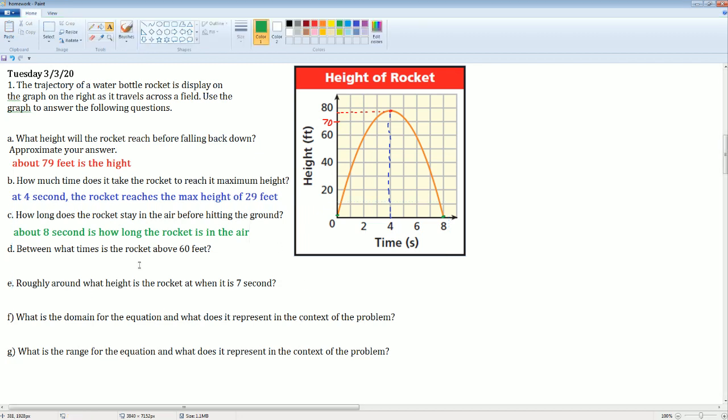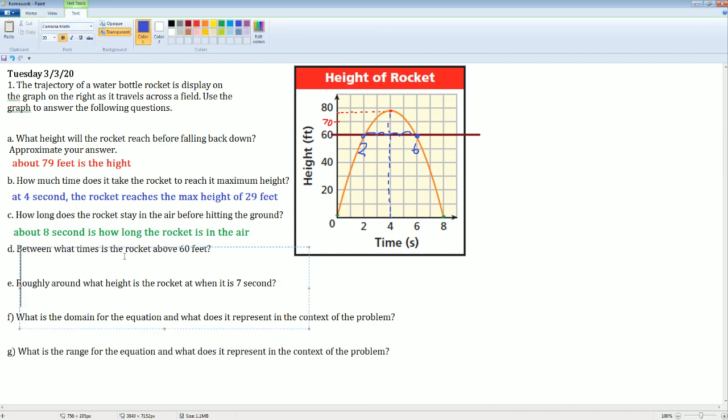Between what time is the rocket above 60 feet? So let's just draw a line here to see where 60 feet is. So here, this is where 60 feet is, right? So the time slot for those would be what? So here, this was 2 seconds. This was 6 seconds.